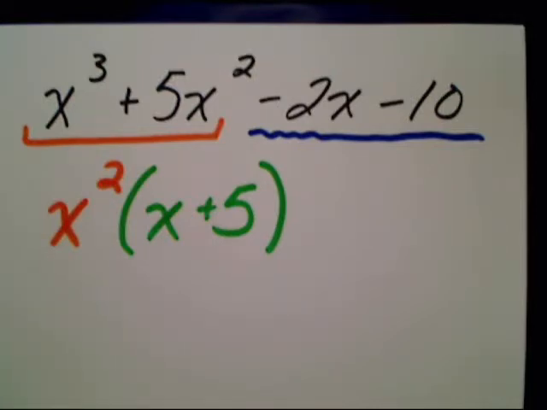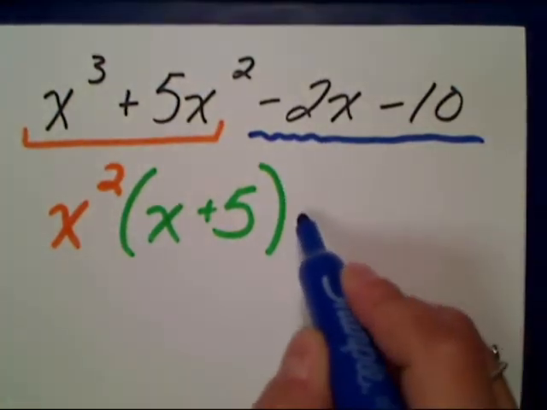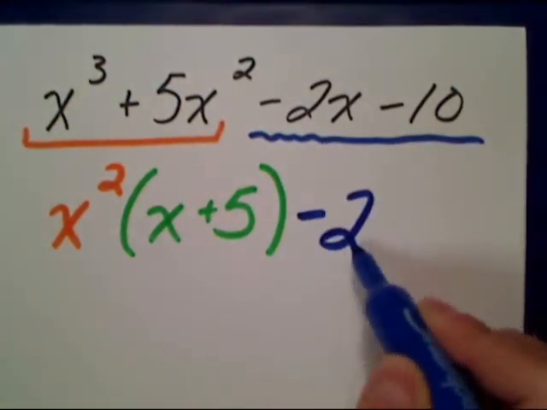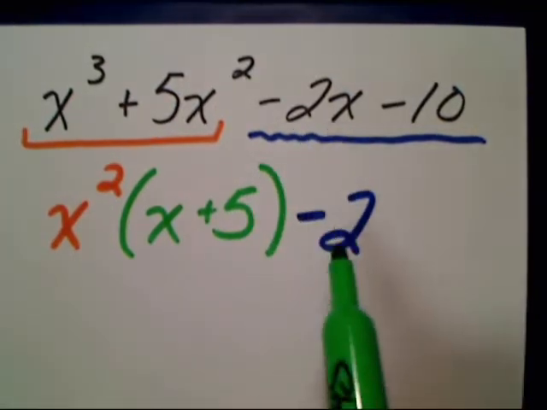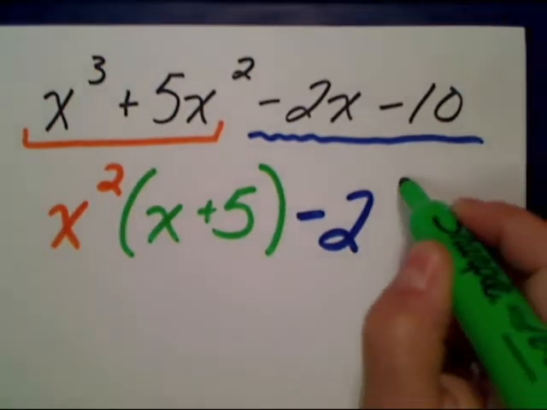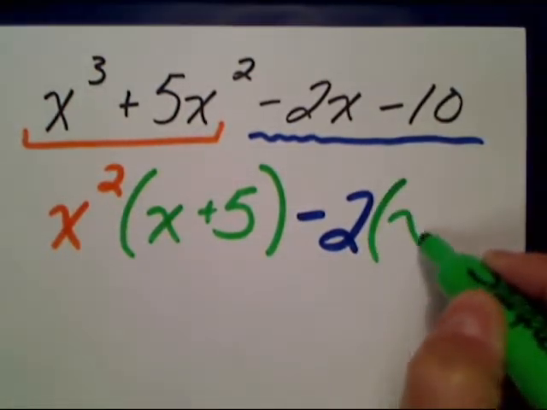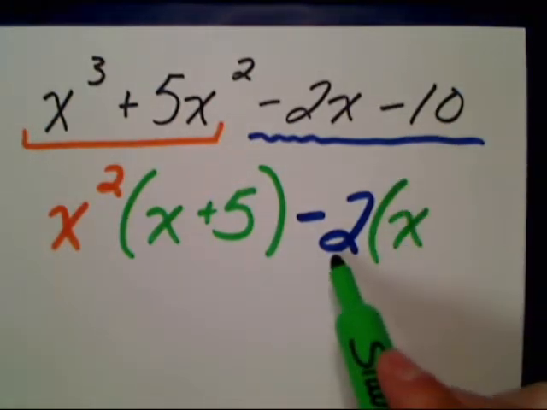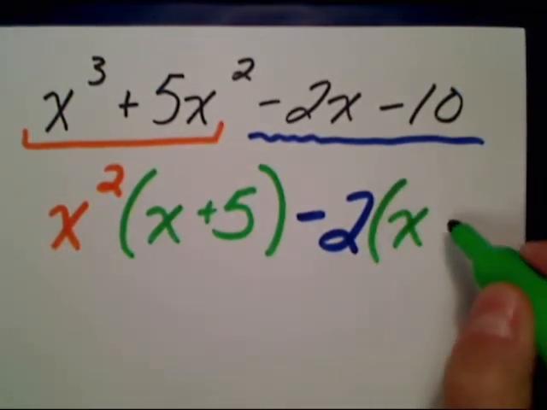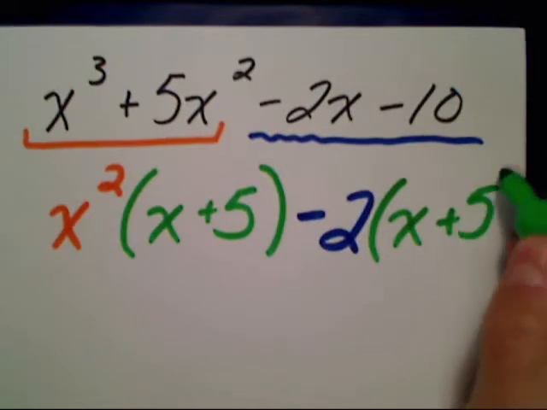So what's common between a -2 and a -10 would be a -2. So my greatest common factor of these two terms is going to be a -2. So I indicate that by using my subtraction. -2x divided by a -2, negative divided by a negative, is a positive x. -10 divided by a -2 is once again a positive 5.